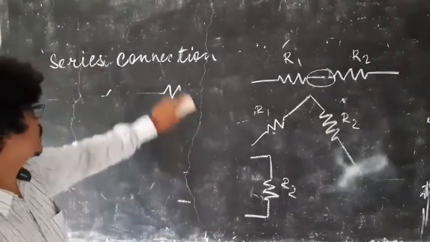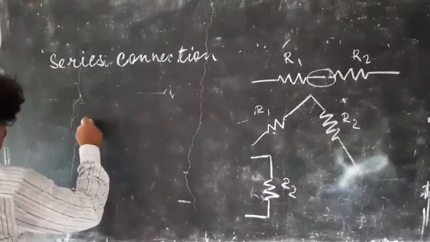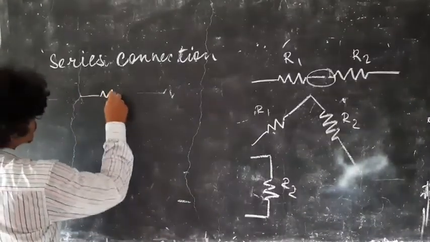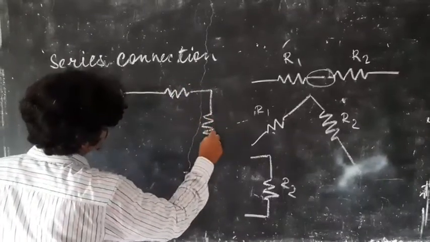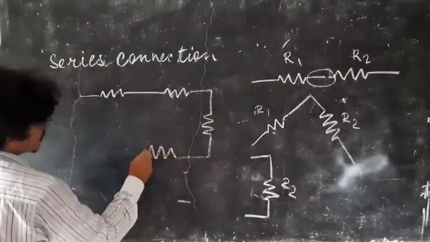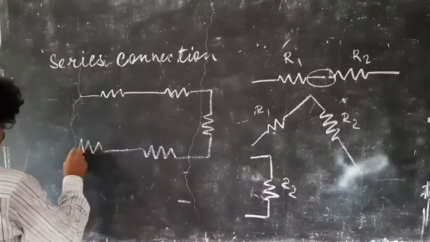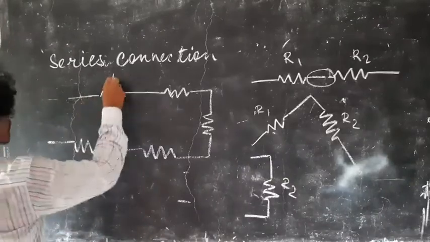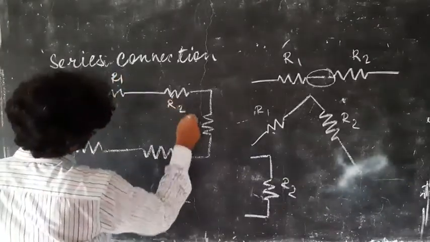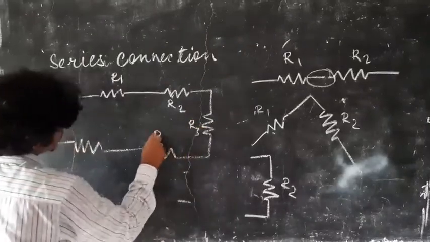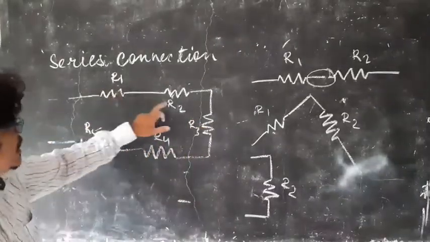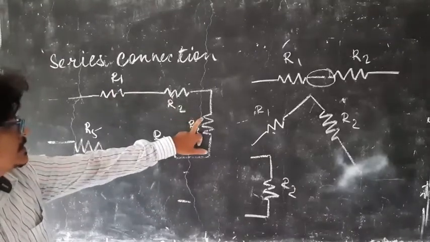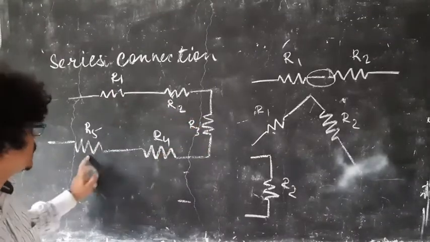Now there may be some complex circuit. Here R1, R2, R3, R4, R5. R1, R2 series, R2, R3 series, R3, R4 series, R4, R5 series.